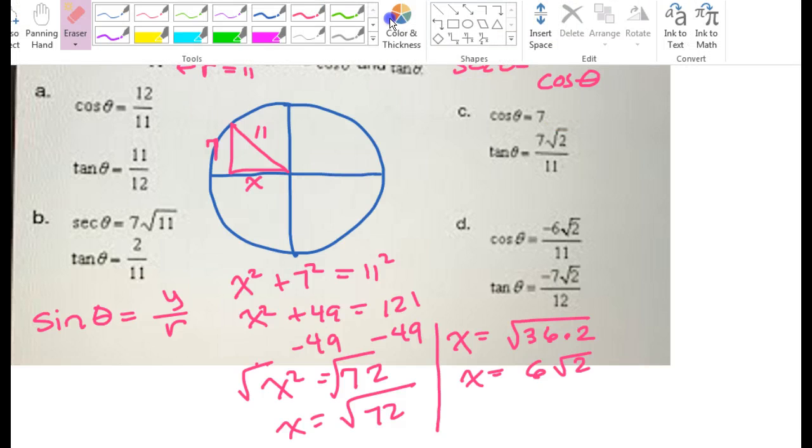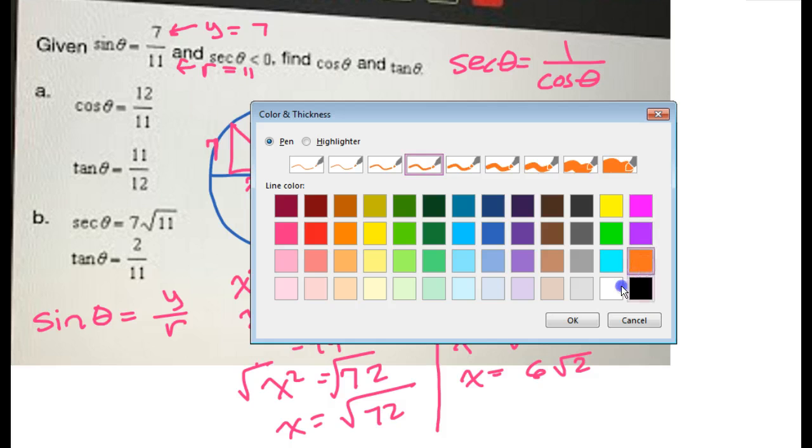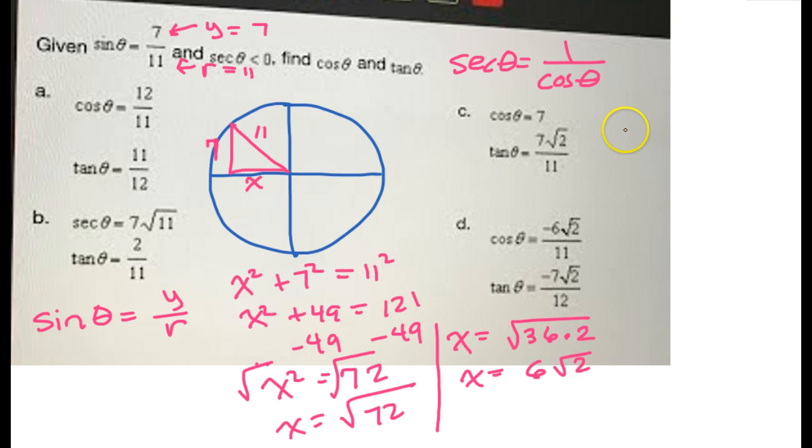What's a good color to use on this? I don't use orange very much. Okay, cosine theta is x over r. So x is 6 radical 2, and r was 11. So cosine theta is going to be 6 radical 2 over 11.